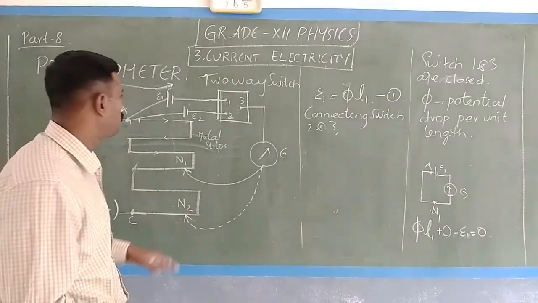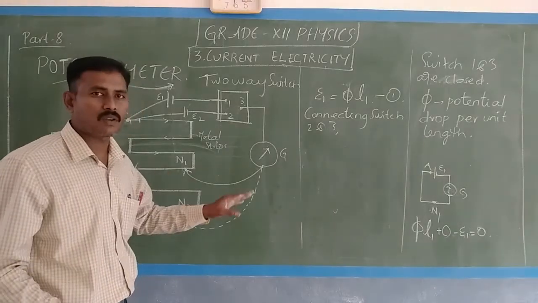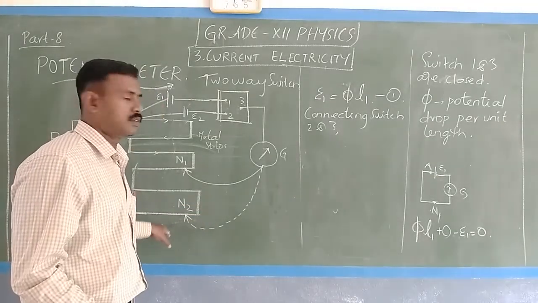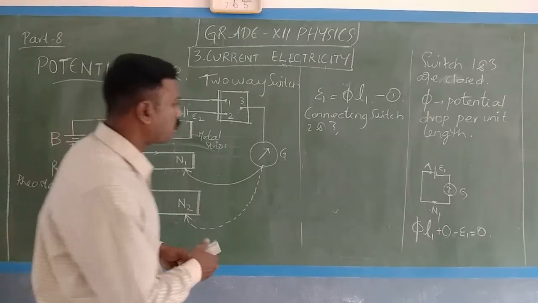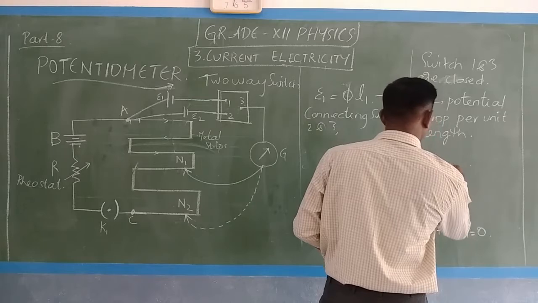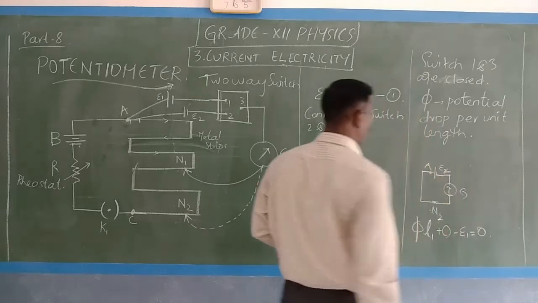Until zero deflection comes, I move N2. Then the same happens here. This is N2 and this will become E2.